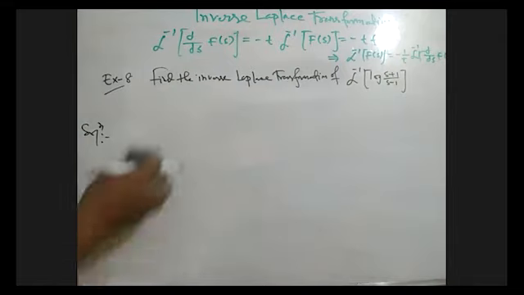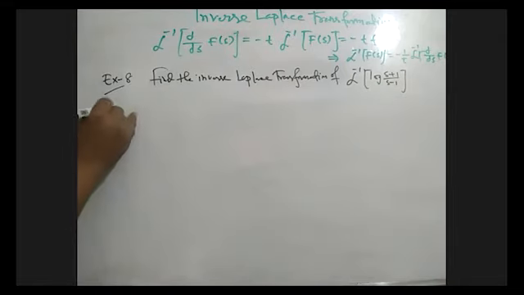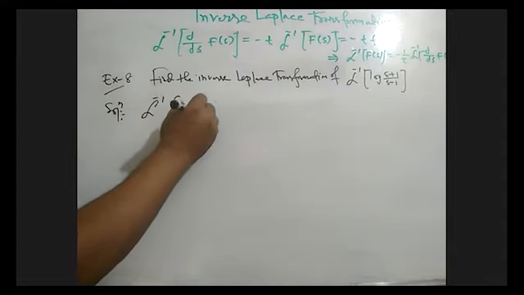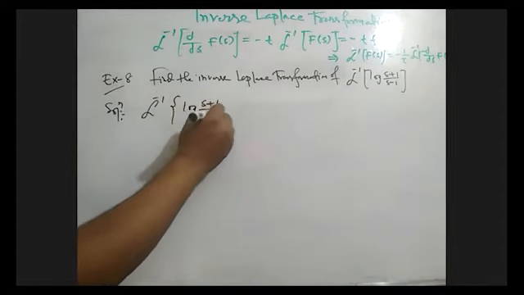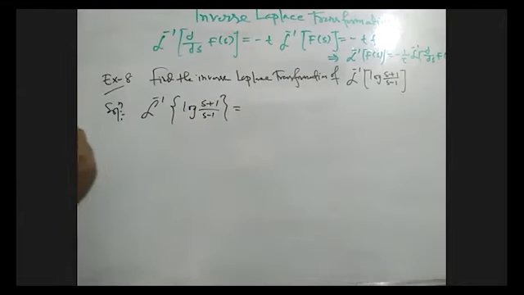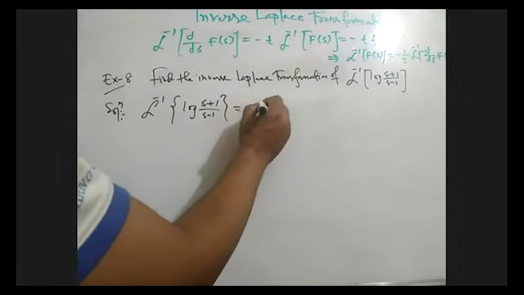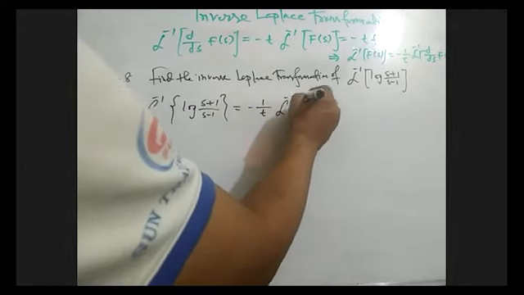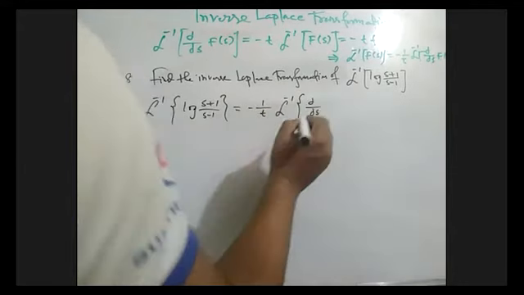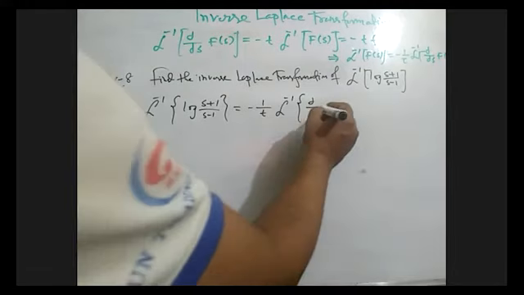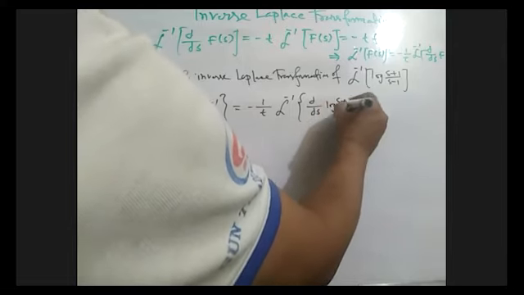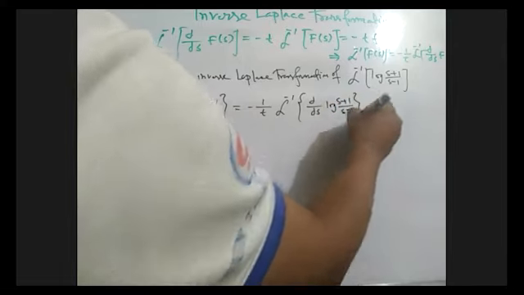For finding this one, it can be written as minus 1 by t times the inverse Laplace transformation of d/ds of F(s), that means d/ds of log((s+1)/(s-1)).